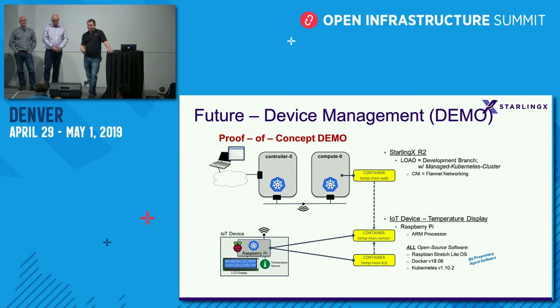The other container on the Raspberry Pi is going to drive the LCD, using that messaging interface to get the temperature and then display it on the LCD. And then I'm also going to deploy a web server on the StarlingX cloud servers, or the compute there, that will also use a messaging interface to display the temperature on the web server.